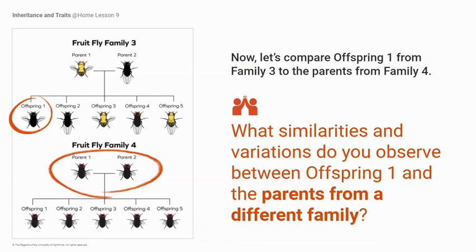I can also look at those wings, and they are a little bit larger, so the size is different. I look at the eye color, and that's different. So there are quite a few differences here relative to parents one and two. I wouldn't say offspring one from family three is very similar to the fruit fly family four parents. Okay.